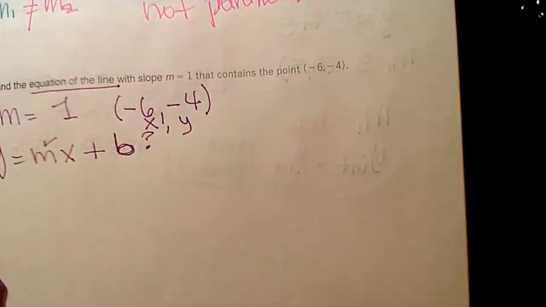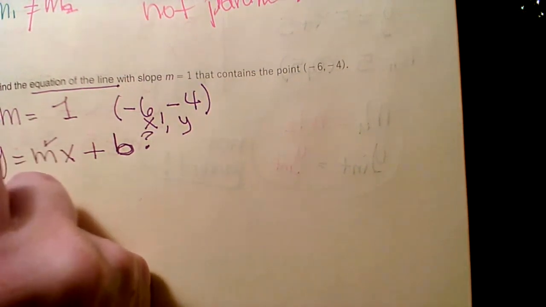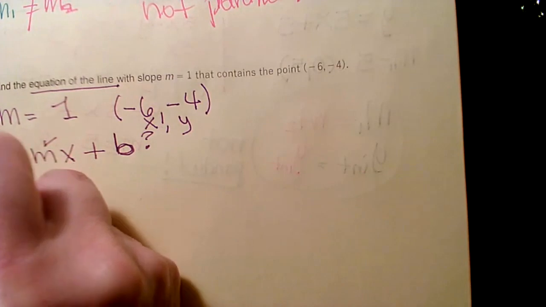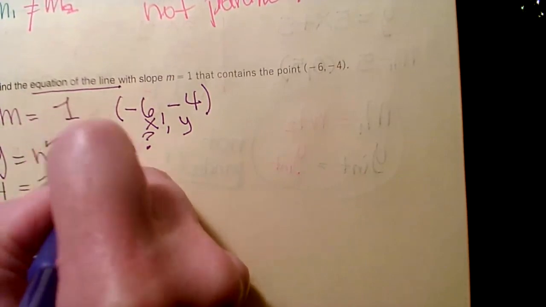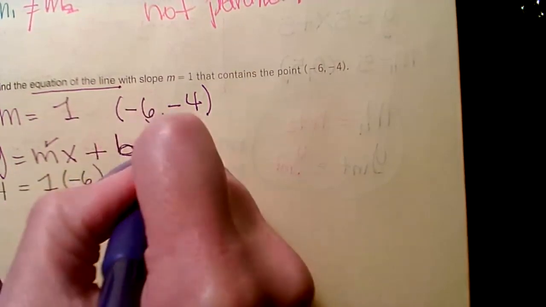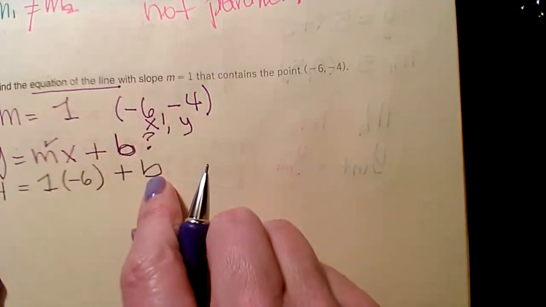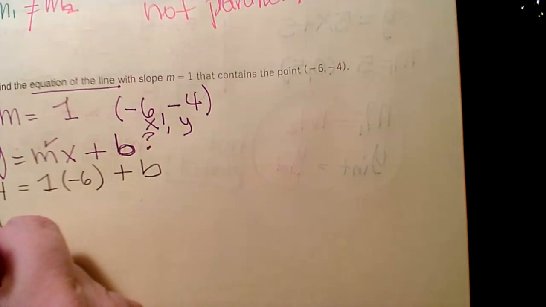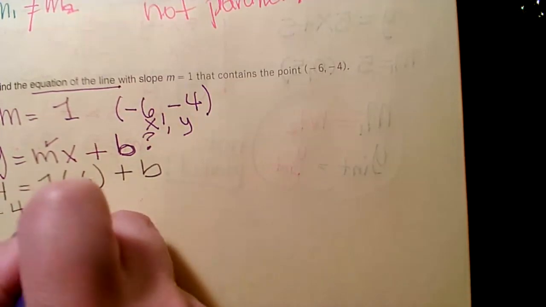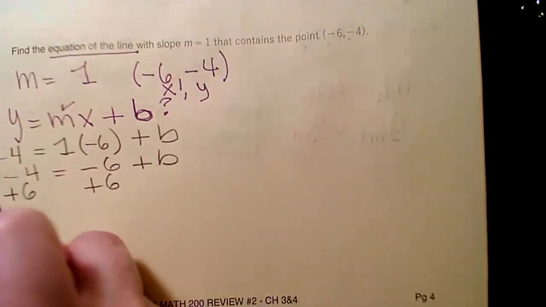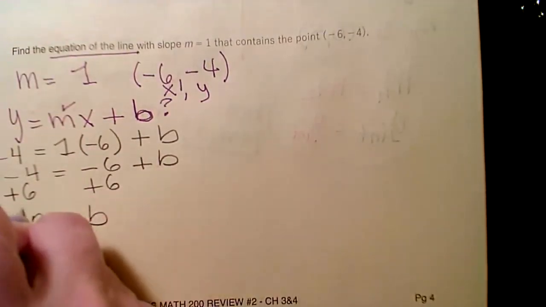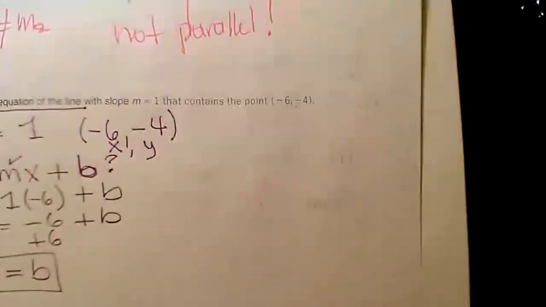This is not the y-intercept, they're not giving it to me, but I have an x and a y. So what I'm going to do is substitute. We're going to replace y with negative 4. The slope is 1, negative 6 is x, plus b, and we're going to solve it for b. So negative 4 equals negative 6 plus b. We're going to add 6 and we get b equals 2.